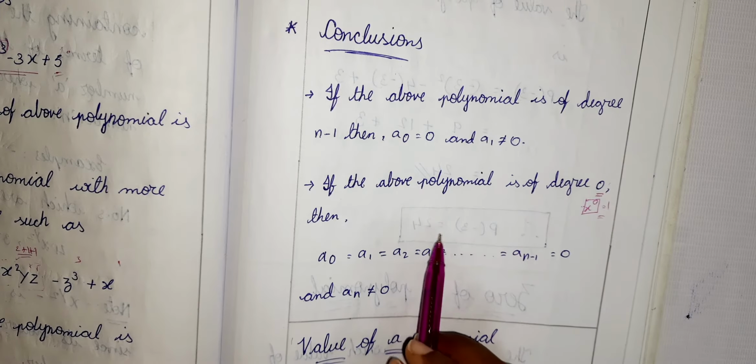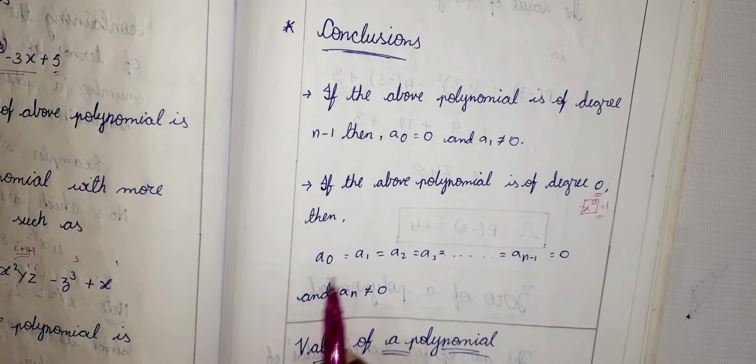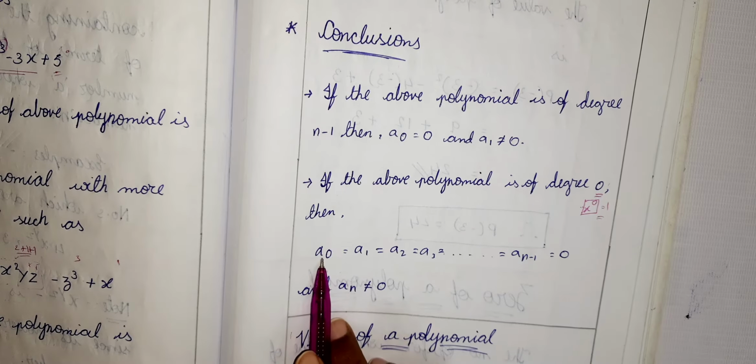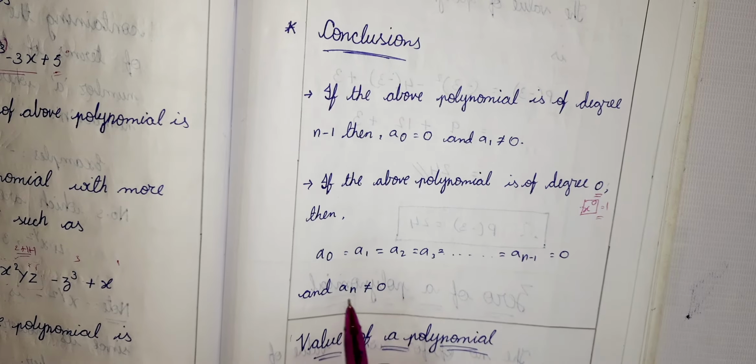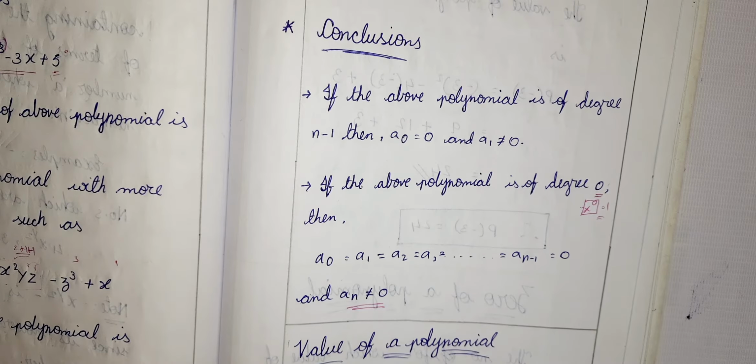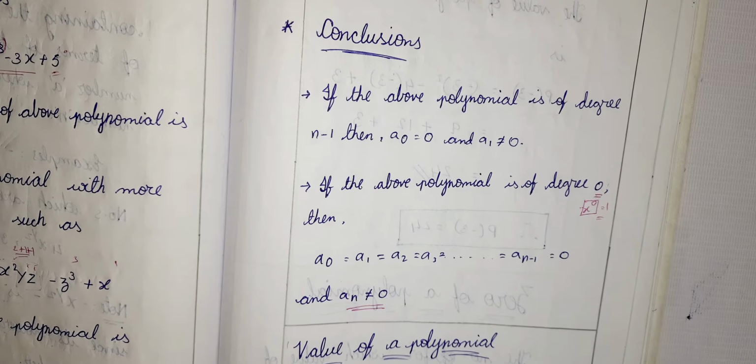That means in the general polynomial, from a naught to a n minus 1, all should be 0 and a n should not be equal to 0. That is for a polynomial of degree 0, that means only the constant term exists.